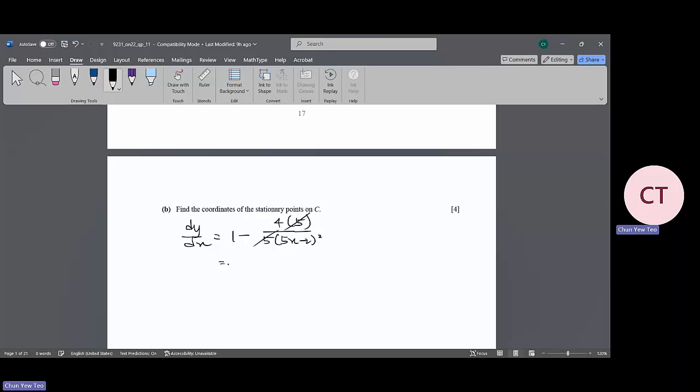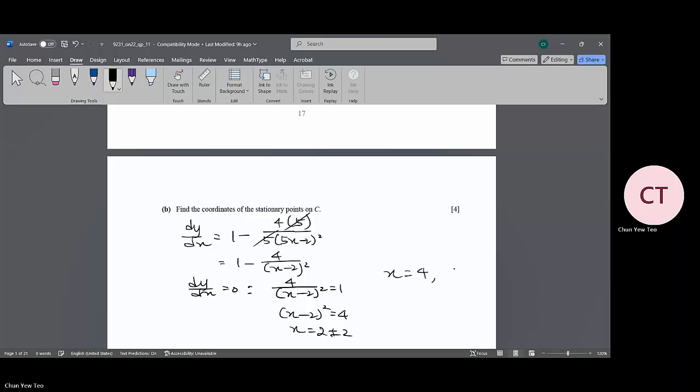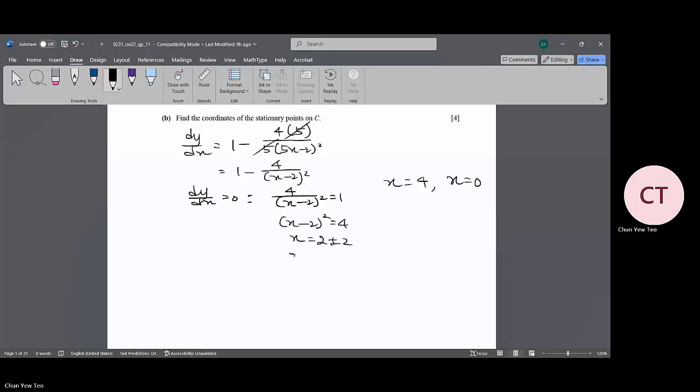Cancel it. So you will get 1 minus 4 over x minus 2 squared. So your dy/dx equal to 0. So it will give you 4 over x minus 2 squared is equal to 1. So you have x minus 2 squared is equal to 4. So your x will be equal to 2 plus minus 2. So x is equal to 4 or x equal to 0.